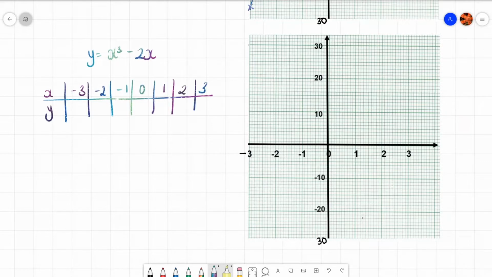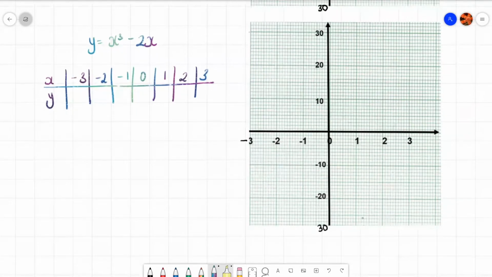Okay, so let's write down what we're going to do. Let's do the positives. So we're going to do 0 cubed minus 2 times 0. Well, 0 cubed is 0, 2 times 0 is 0, 0 minus 0 is 0. 1 cubed minus 2 times 1. Well, 1 cubed is just 1, minus 2. So 1 minus 2 is -1.